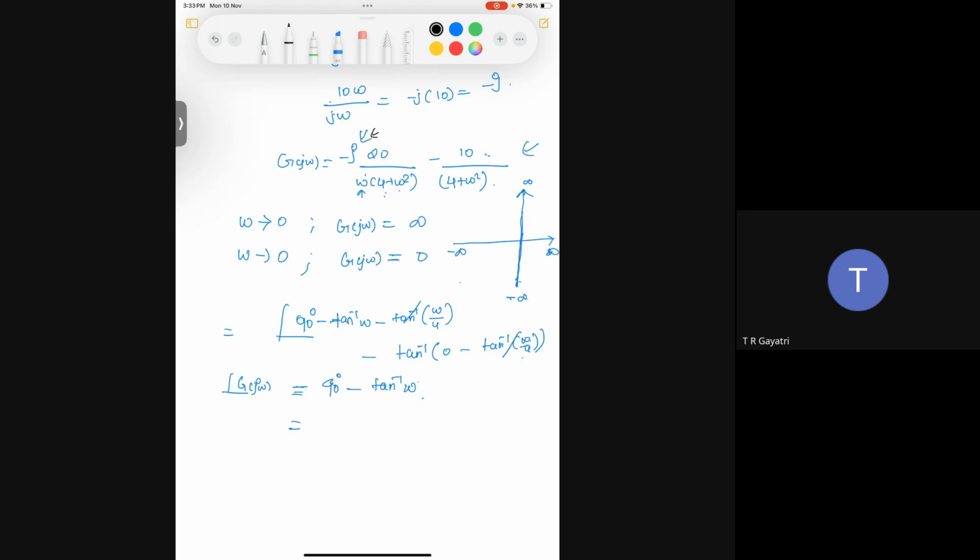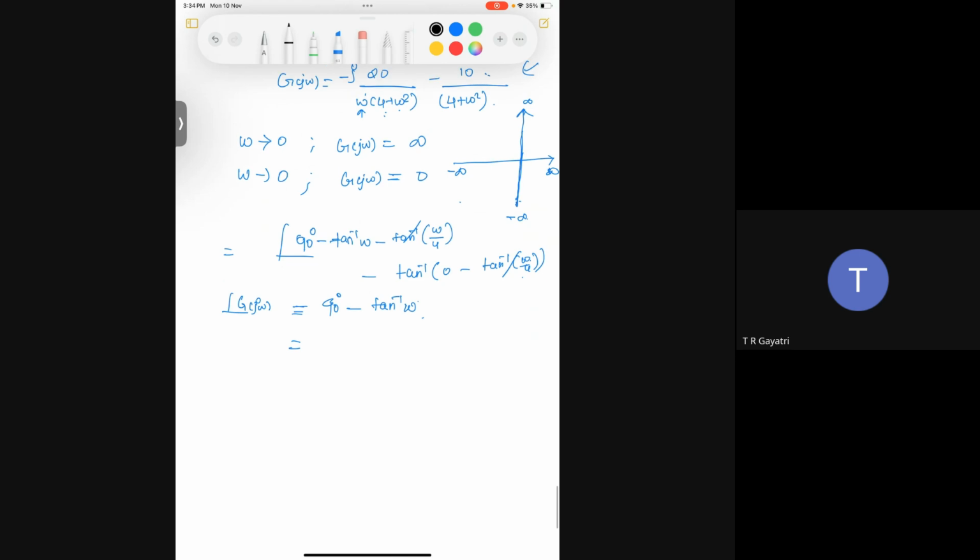Okay, then the whole thing will be tan inverse of 20 by omega into 4 plus omega square divided by 10 by whatever.